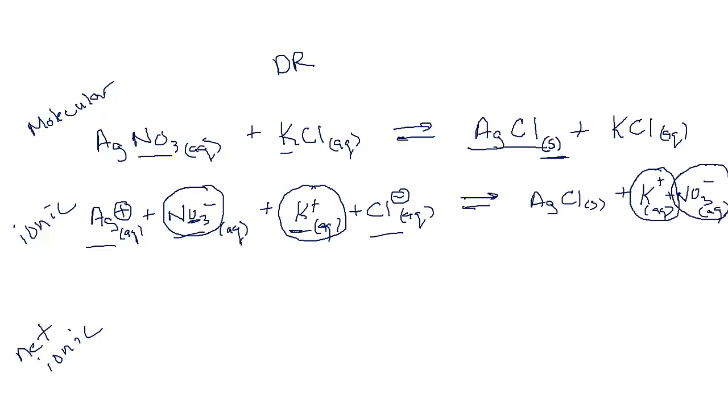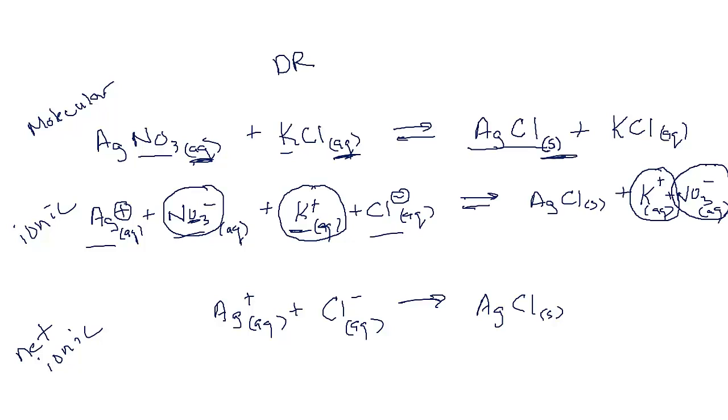So if we take the spectator ions out, we get silver positive ions, aqueous, react with chloride ions that are negative, and that's also dissolved in water, and that forms the precipitate silver chloride, and we would say solid here. So this is called a precipitation reaction. When the reactants are aqueous and then a solid forms, that's called a precipitation reaction.